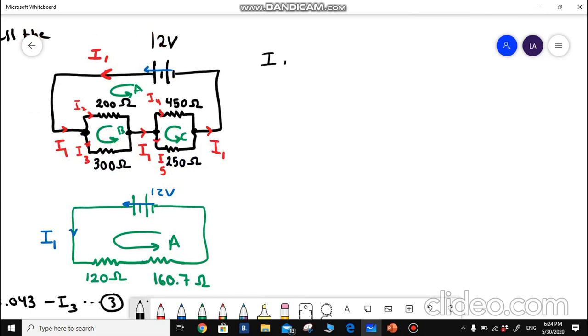Okay, so as we said, from the junction rule, we know that I1 is equal to I4 plus I5, and I can apply now loop C. Loop C. For I4, I am against the loop, so it will be positive. Positive I4 times 450. For I5, I am with the loop, so this gives me a voltage drop or a negative voltage.